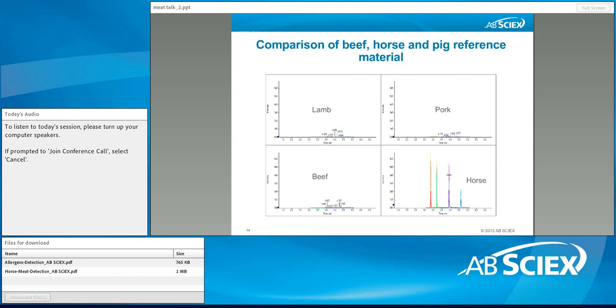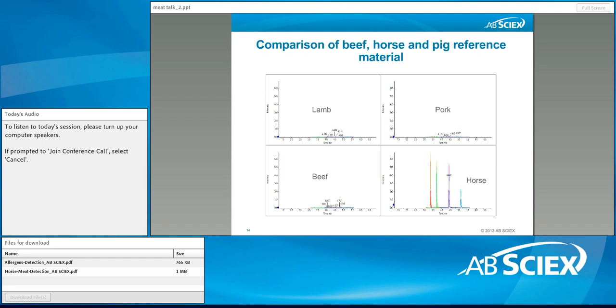This is just a slide showing the comparison of different meat sources. So what I did, once I developed my MRMs, my target peptide list for horse, I then got some reference material of beef and pork. This is from LGC. The horse reference material is from LGC as well. And I got a sample of lamb from a local butcher. I then extracted all these samples and then compared to make sure I had no false positives for the horse peptides in either lamb, beef or pork.